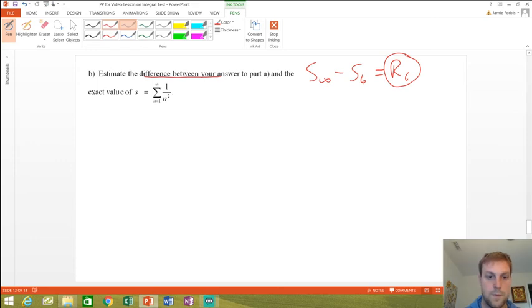I know that my remainder, with the 6 terms, is going to be greater than or equal to the integral from n plus 1 to infinity, or 7 to infinity, of f of x, or 1 over x squared, and less than or equal to the integral from n, which is 6, to infinity of 1 over x squared. That's just what the formula says.